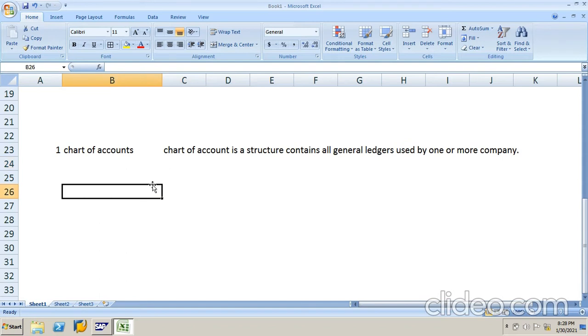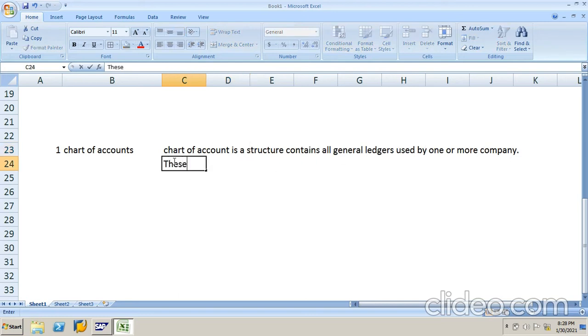Chart of account is a structure. So this structure contains all GLs, all general ledger used by one or more company. So chart of account contains list of general ledgers.